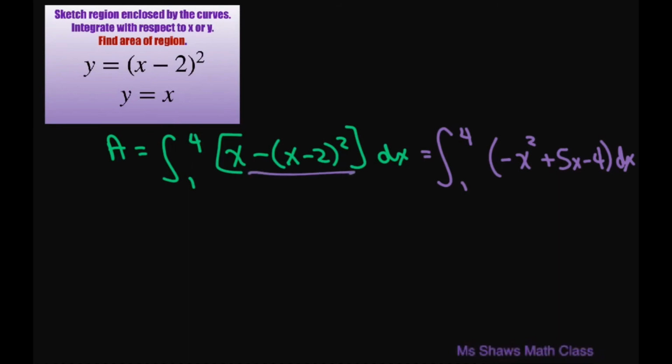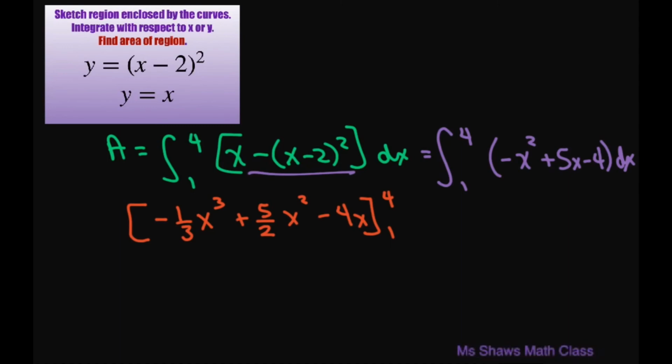I just expanded that a bit. All right, so let's integrate this, and we're going to get negative 1/3 x cubed plus 5/2 x squared minus 4x. And we're evaluating from 1 to 4.